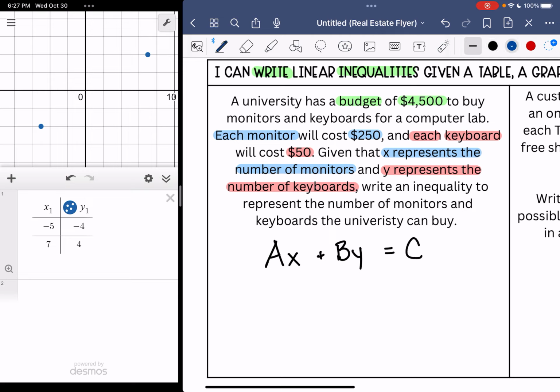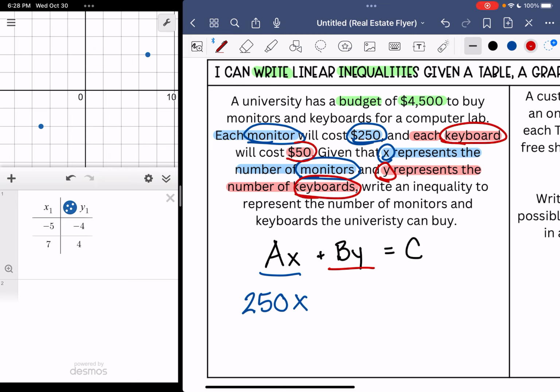The first thing, I'm going to find what this X term is. X is monitors. Monitor is $250, so 250X. Let's do my Y term. Y is keyboards. Keyboards cost $50, plus 50Y.